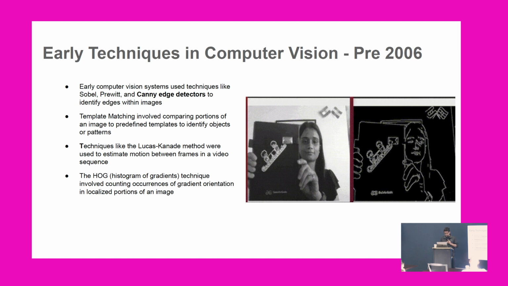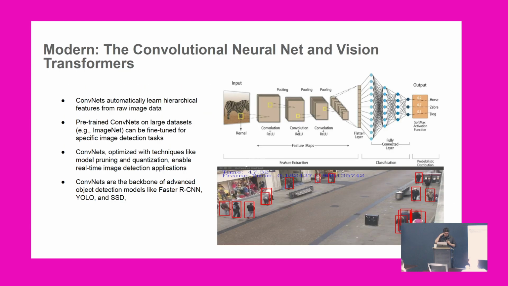And so the 2010s rolls around, and an architecture called the convolutional neural network was used at that point to effectively make all those other techniques obsolete. I'll go into that in a bit.